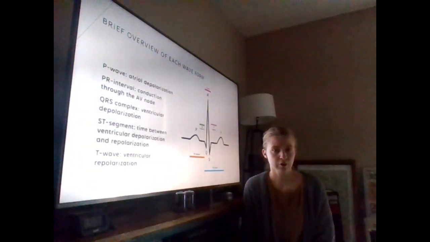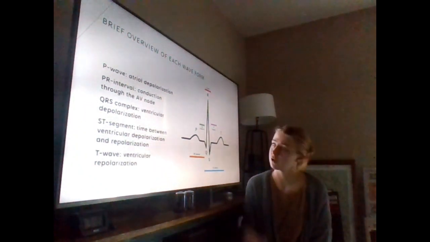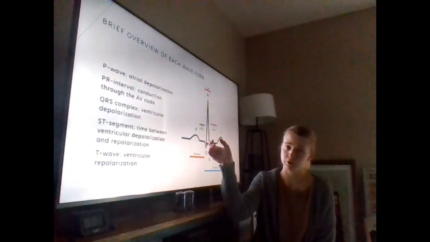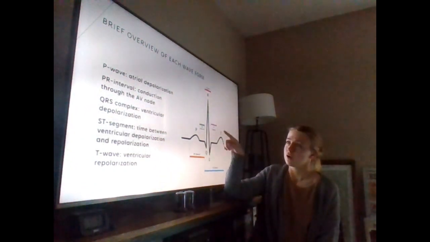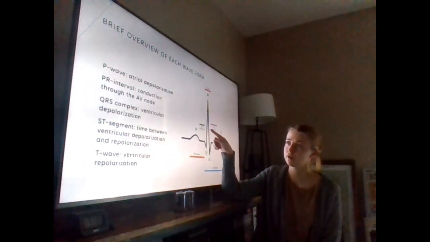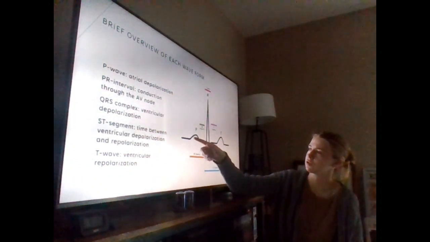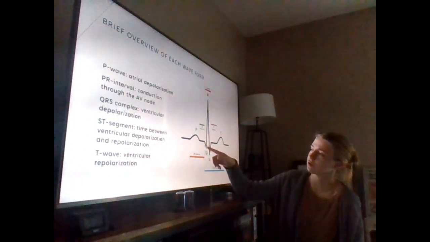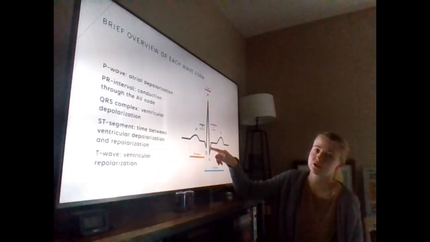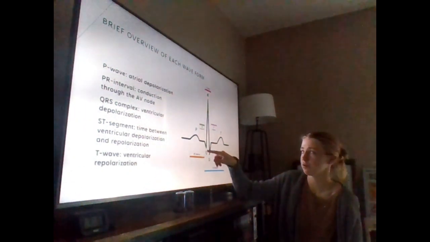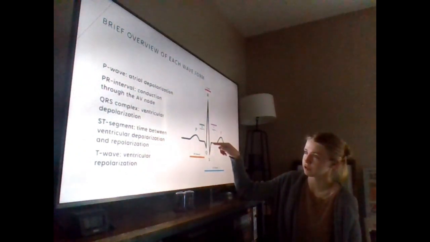So just a brief overview of the waveforms. Your P wave is your atrial depolarization, so it's that phase 0 of your action potential for your atrium. Then you have your PR interval, which is the space between the start of your P wave and the start of your Q wave, and that represents the conduction of electrical activity through the AV node. And then your QRS is your ventricular depolarization.